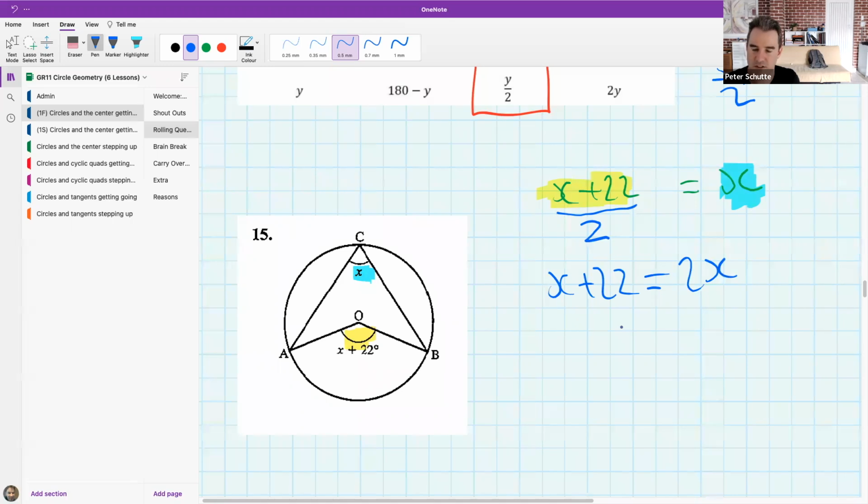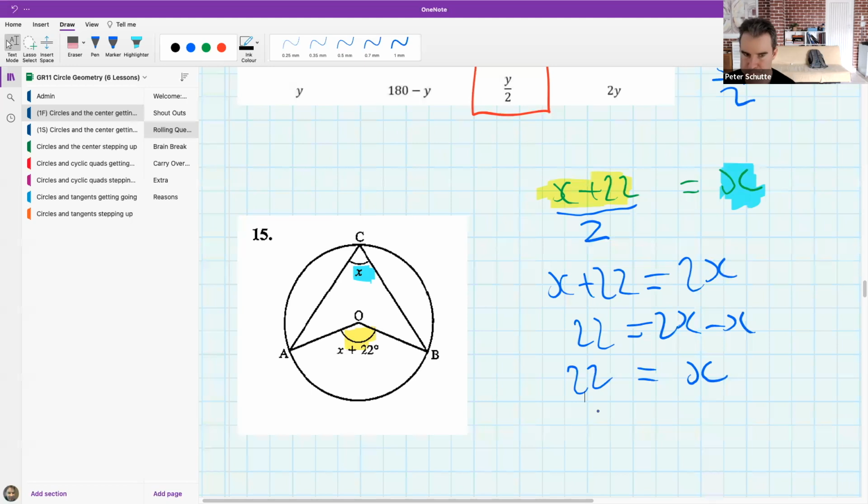I think I just need to take the x to the other side. What's my final answer for x going to be? Yeah, 2x minus 1x is x. And so x is going to be 22.